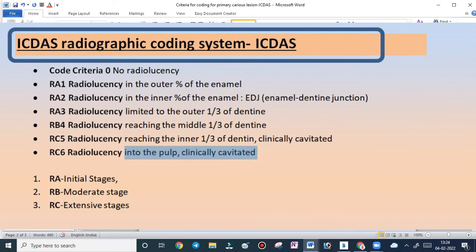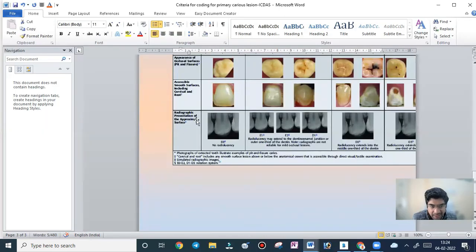Radiolucency reaching the inner 1/3 of dentine is RC5. RC6 is seen when the radiolucency extends into the pulp and it is clinically cavitated. So these are the radiographic presentations of the tooth surface showing the criteria for radiolucency.